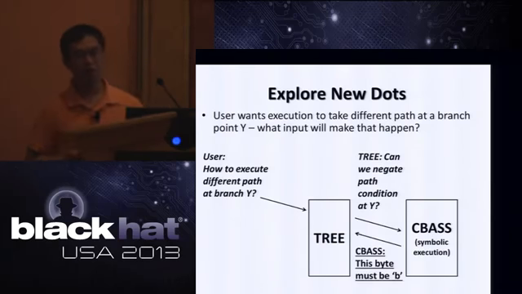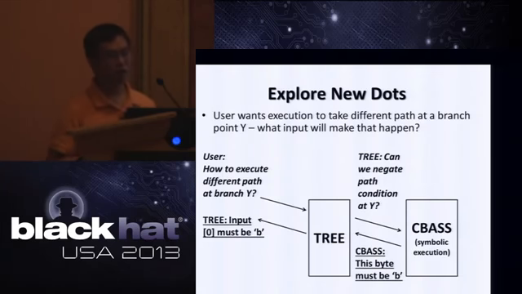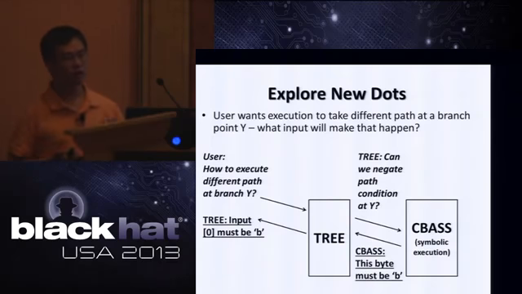And with the help of a mathematical tool, solvers, SAT or SMT solvers, you treat it as a black box that can answer these mathematical problems correctly. In this case, after the solver returns, we find out that to meet this condition, this byte at this address must be the letter B. And tree has the semantics of the program, so it knows that that byte is actually the first byte of your input.